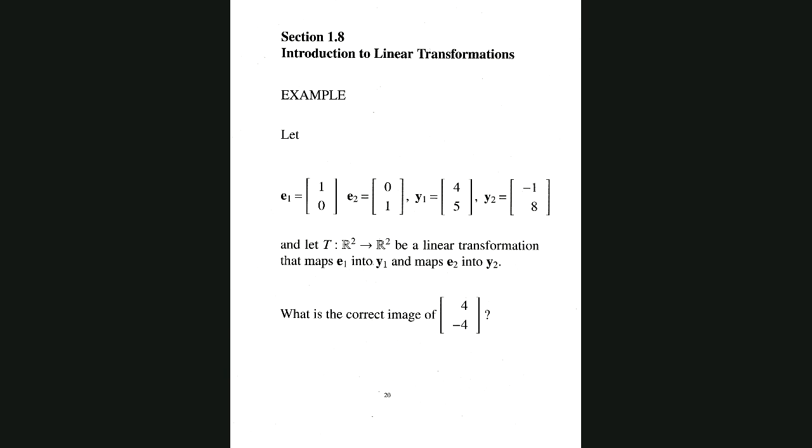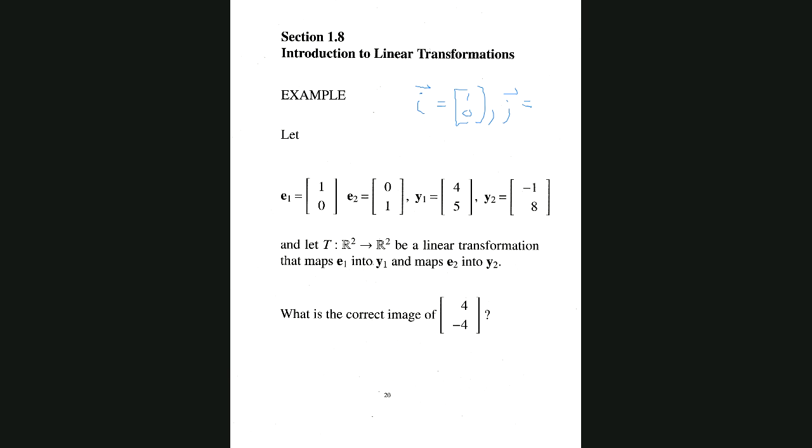Maybe in physics or even in calculus 3, if you've taken multivariable calculus, you have seen I equal to the vector 1, 0, and J equal to the vector 0, 1.